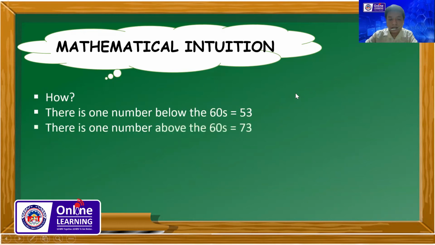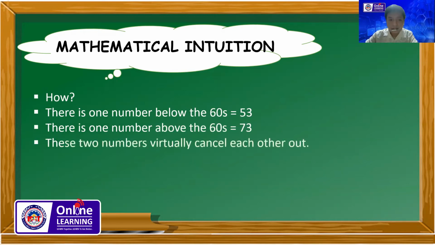Then next, there is one number above the 60s, which is 73. Then another, class: these two numbers virtually cancel each other out. So meaning we need to cancel out 53 and 73 because we know that 53 is the lower range and 73 is the upper range.